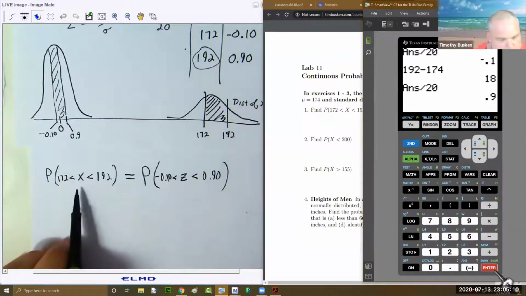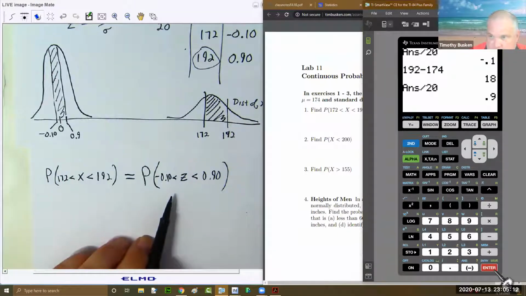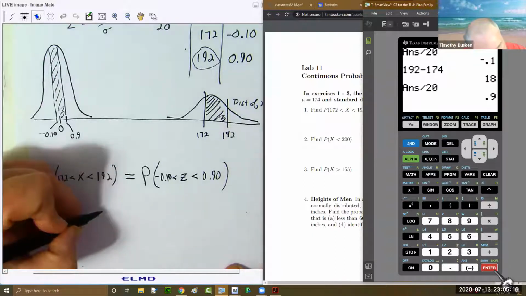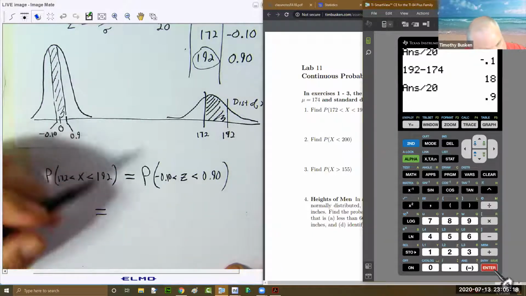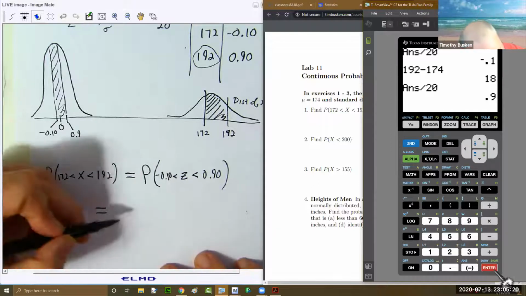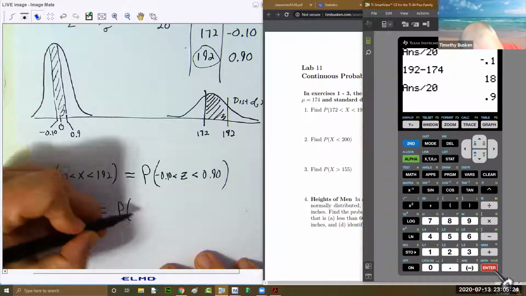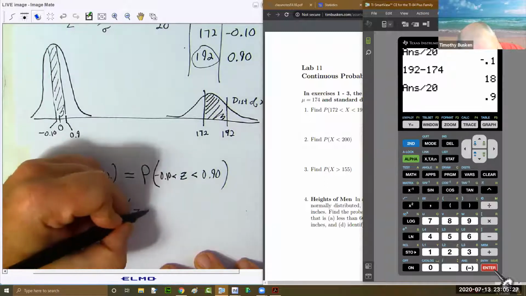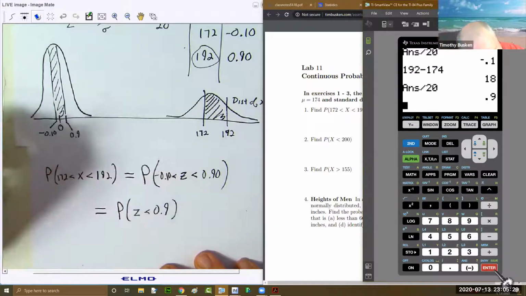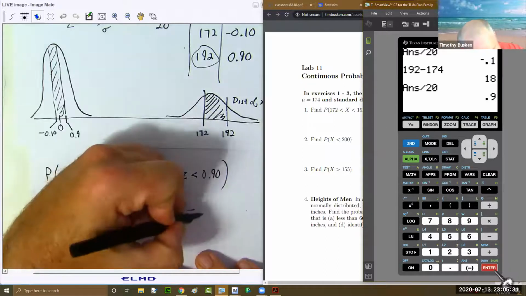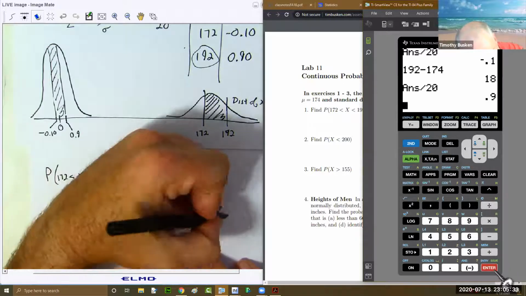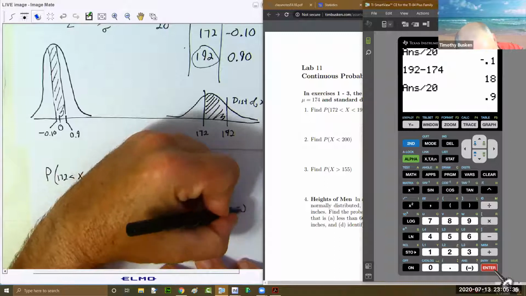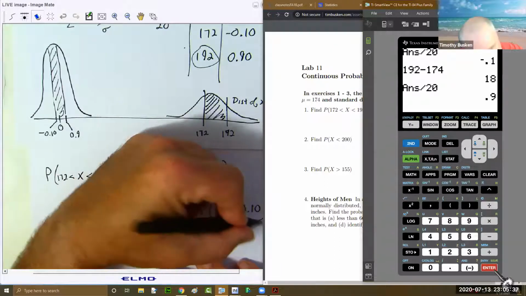Because your Z table only gives you cumulative areas, you have to take the probability that Z is less than 0.90 and subtract from that the probability that Z is less than negative 0.10.